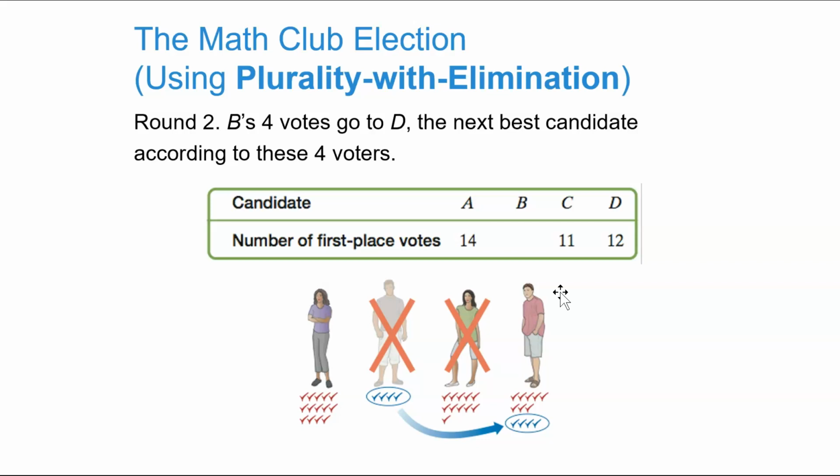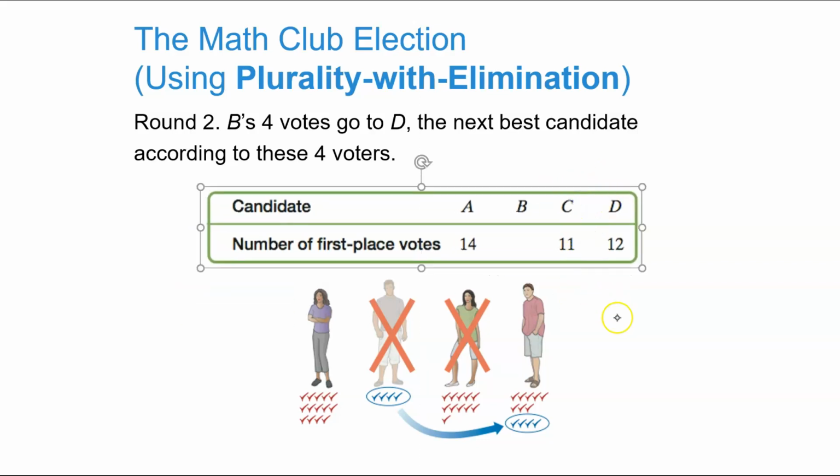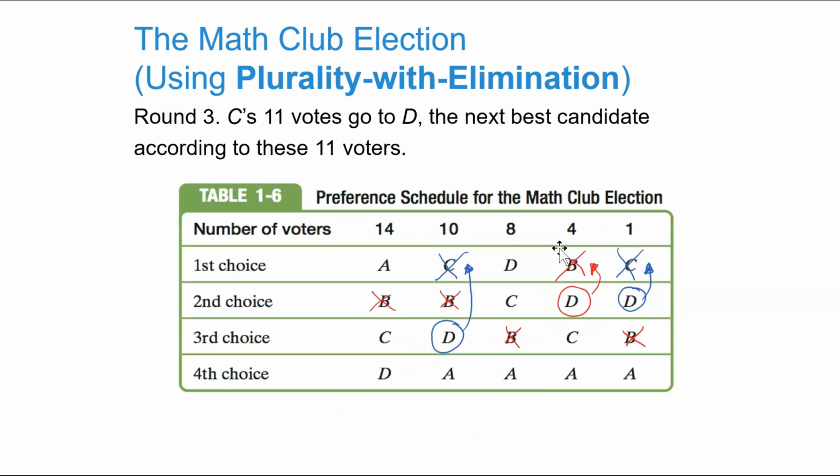C is going to get eliminated next because we still don't have a majority. Again, C got eliminated, D moved up, and now all the C's are gone. In the first place, C is gone, B is gone, so this D gets to move up.